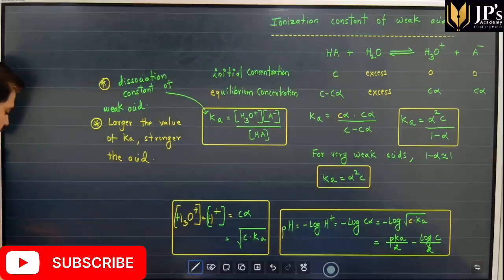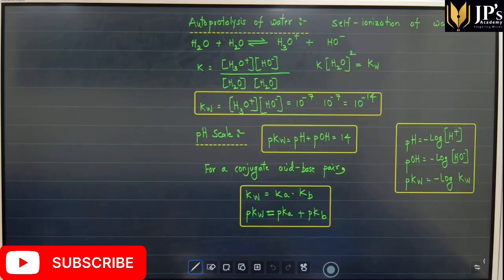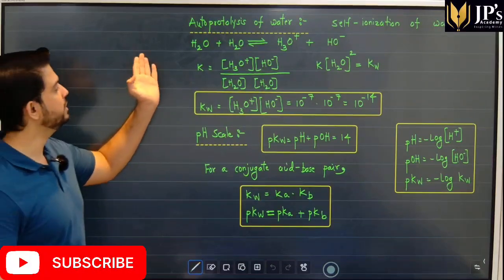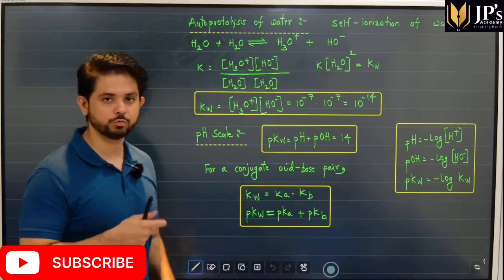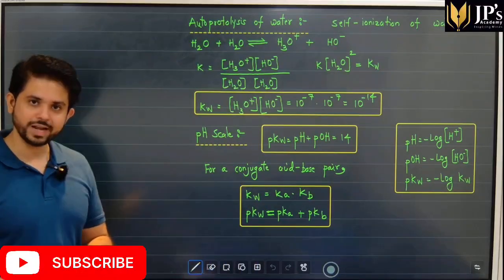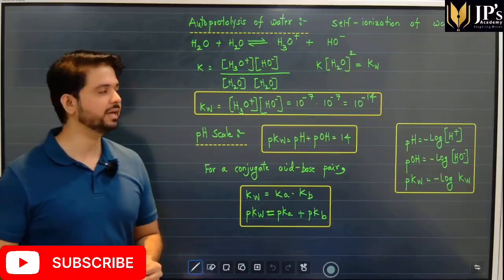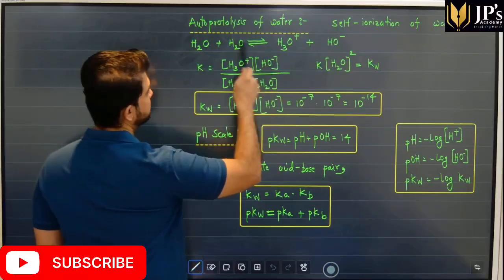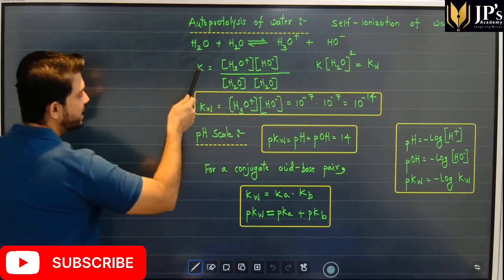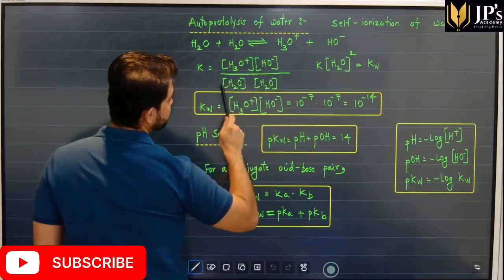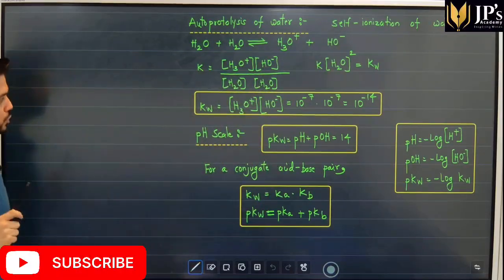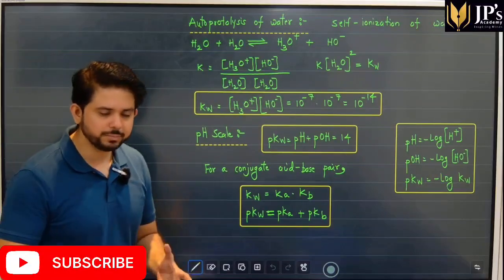So let's understand what exactly is pH and the pH scale. If we write the equation for auto-protolysis or self-protonation of water, where one water is donating an H plus, the other is accepting an H plus, we get this reaction. When we write the equilibrium expression for this, which is H3O plus into OH minus upon H2O into H2O, we know that students, H2O will be taken as constant.